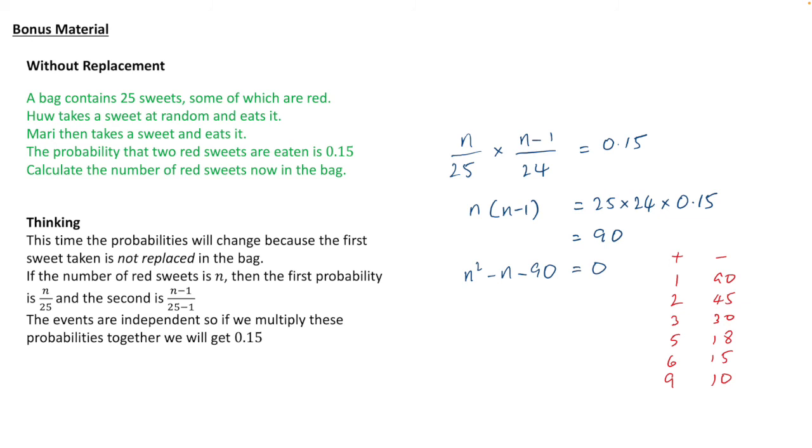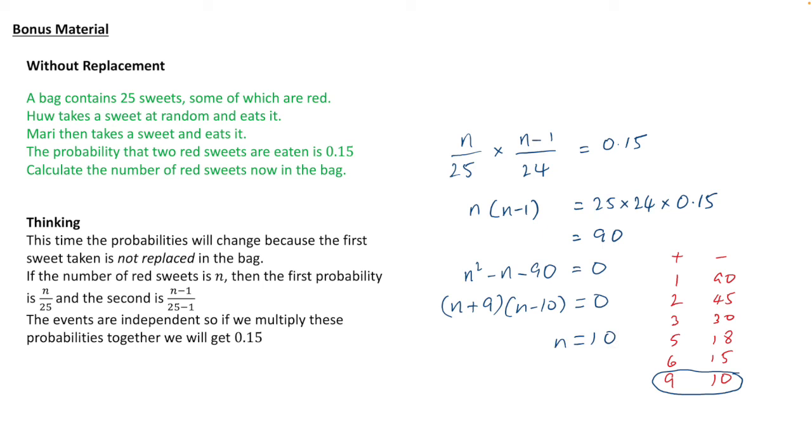And in fact we need the numbers to add up to minus 1, and that would be 9 and minus 10. So we've got brackets n plus 9 and n minus 10 that multiply to give us 0, and we know the value of n must be positive because there are a positive number of red sweets in the bag, and the positive solution is n equals 10.